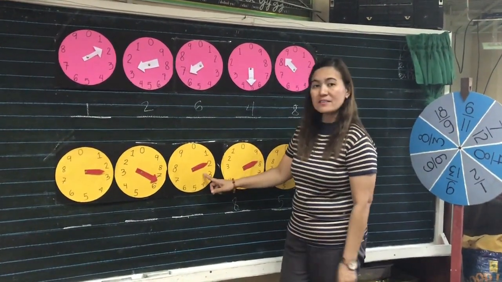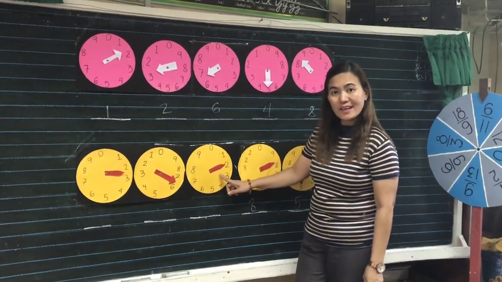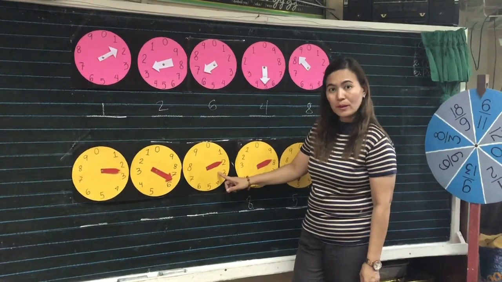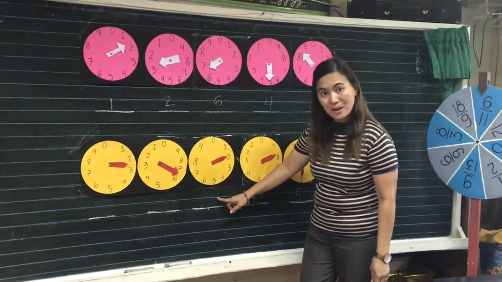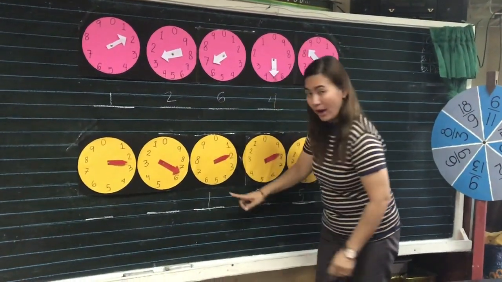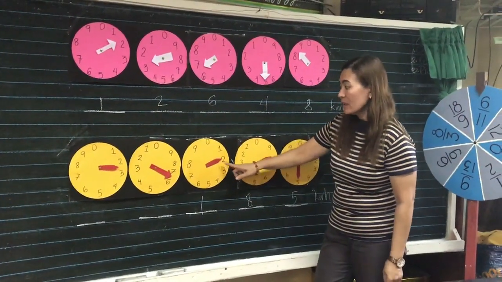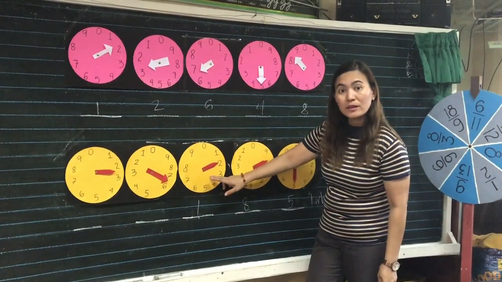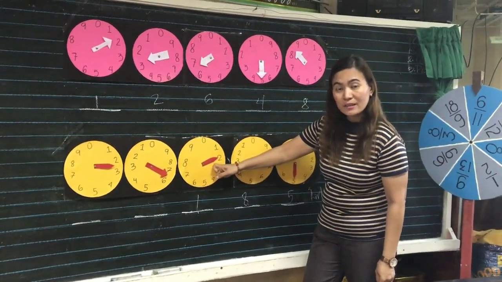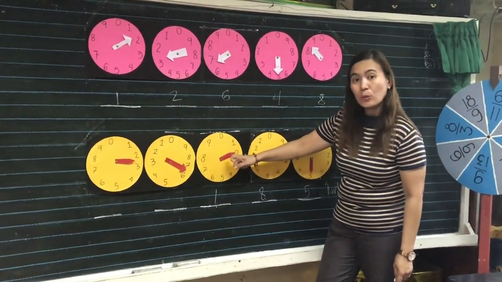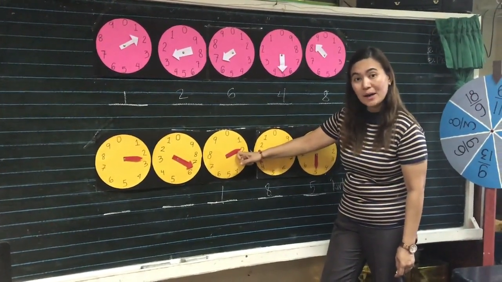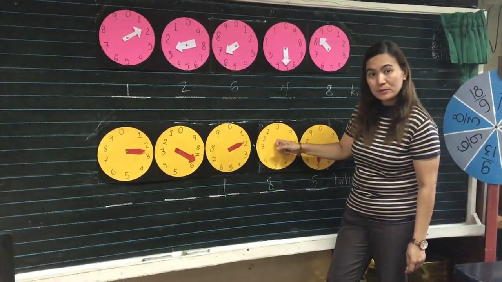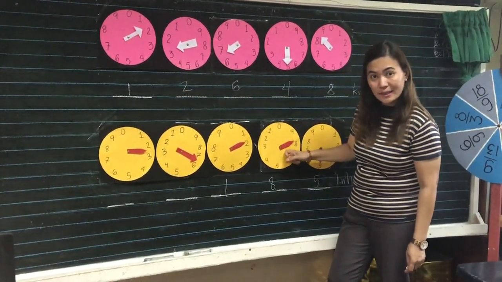The next is, the pointer is exactly pointing at number 2. So what would be our record? 1. Yes, it's number 1. Why? Because the rule stated here is that when a pointer is exactly pointing at a number, you have to refer to the right dial.